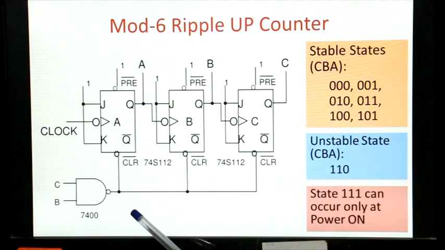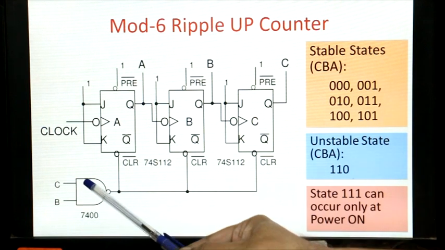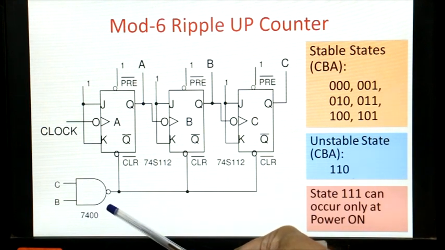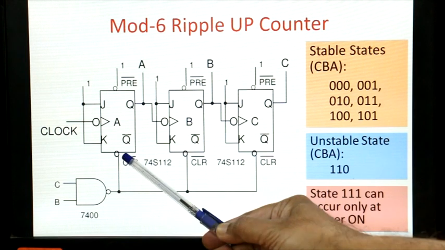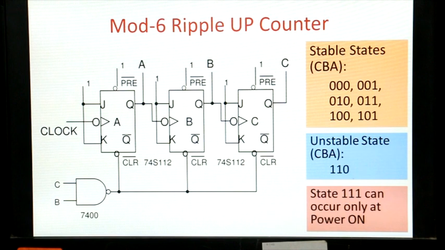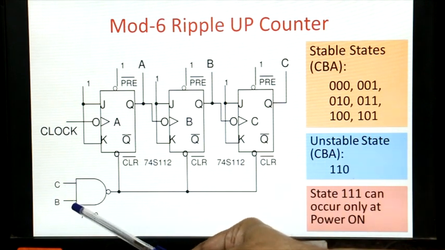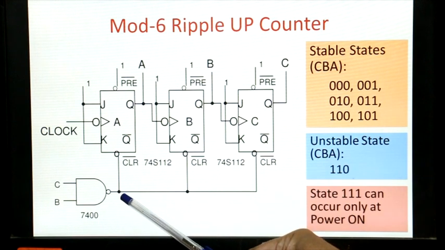But look at the connection of this decoder. What we have done is, B and C, or QB and QC, are connected to a NAND gate, and the NAND gate output is connected to the clear of all these 3 flip-flops. As soon as both B and C become 1, the output will become 0.